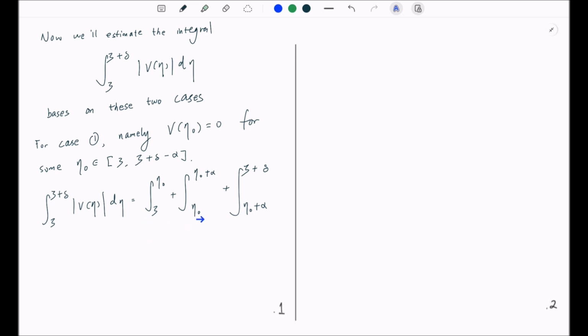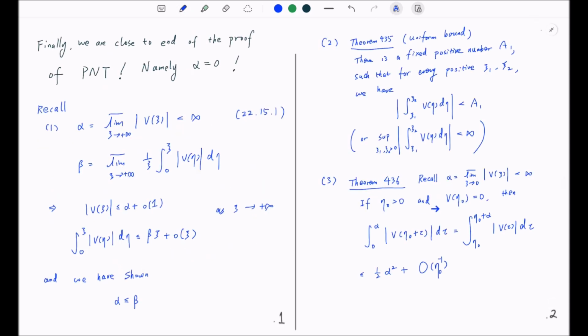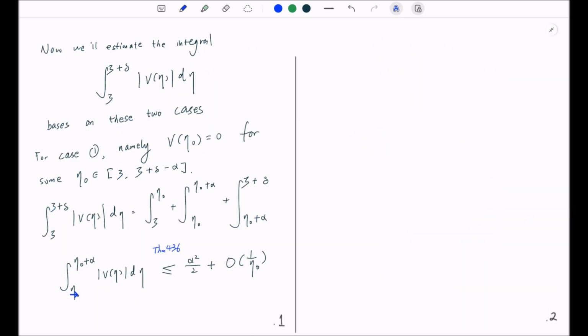And let's analyze these 3 parts separately. First, for the part eta naught to eta naught plus alpha, we can bound it by alpha squared divided by 2 plus big O of 1 over eta naught. This is precisely Theorem 436, where we use that eta naught is the root of v.